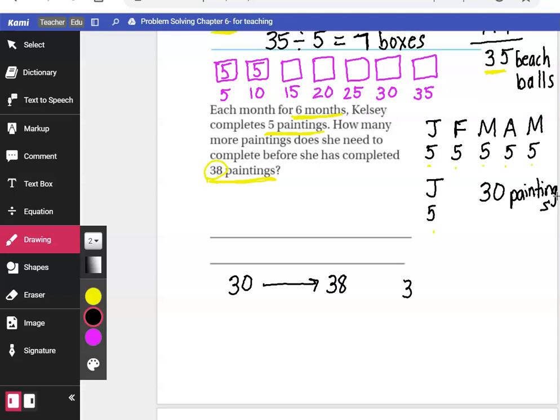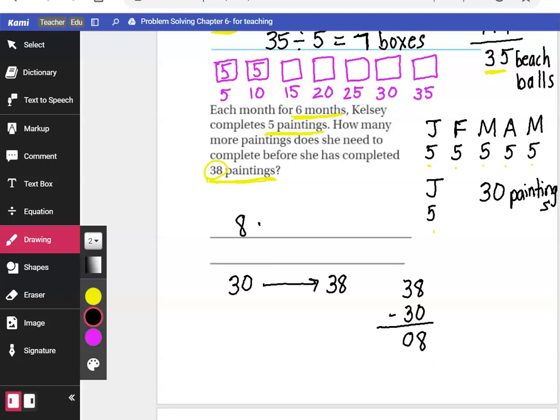Or we can subtract vertically, just like we did in our first problem, and see what the answer is. I can take 0 from 8. I would still have 8. So I know that she needs to make 8 more paintings so that she has a total of 38.